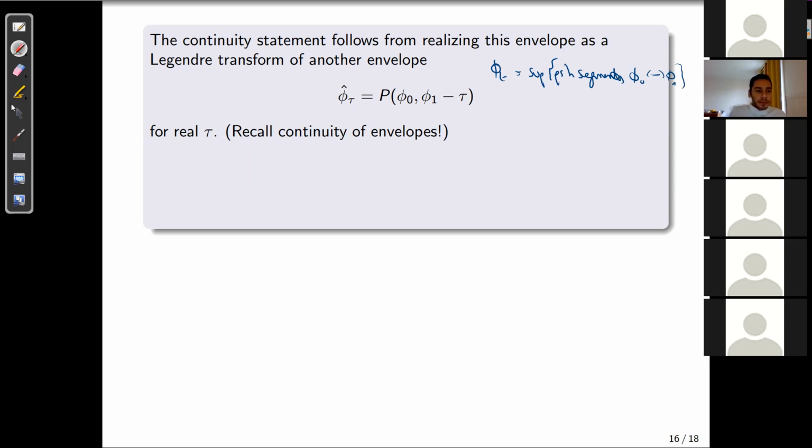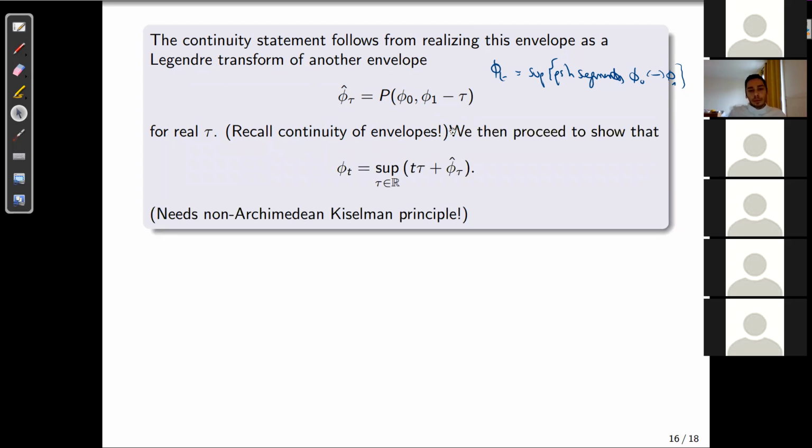So we're going to realize this φ_t as a Legendre transform. We first define this envelope φ_τ, which is the envelope of φ_0 and φ_1 minus τ. So if the endpoints are continuous, then by continuity of envelopes, this is also going to be continuous.